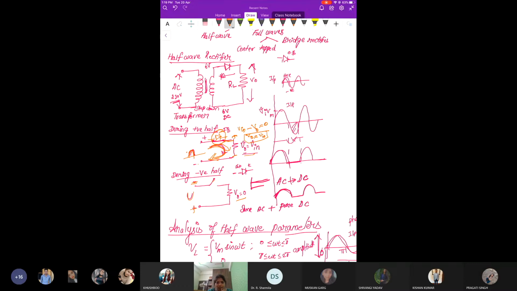Some other students, please tell me what is the output of the rectifier? Please anyone. Anyone tell me what is the output of the rectifier? Why no response from your side?